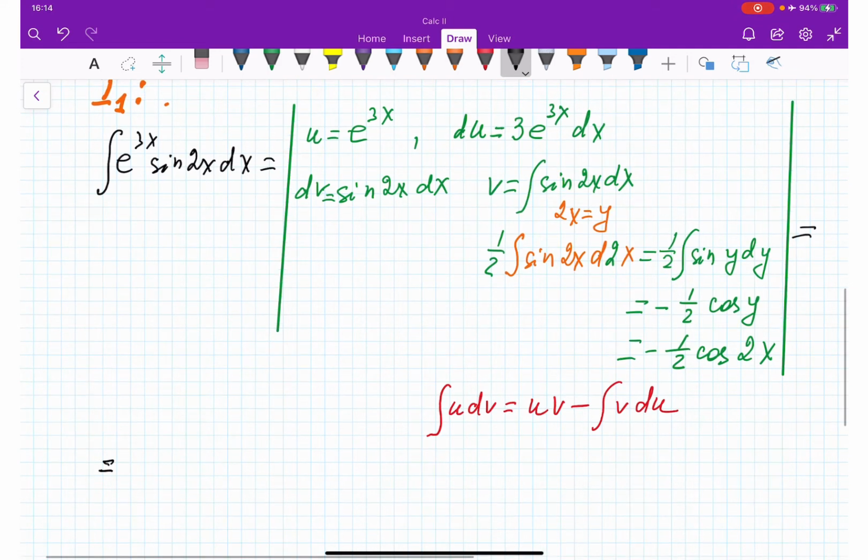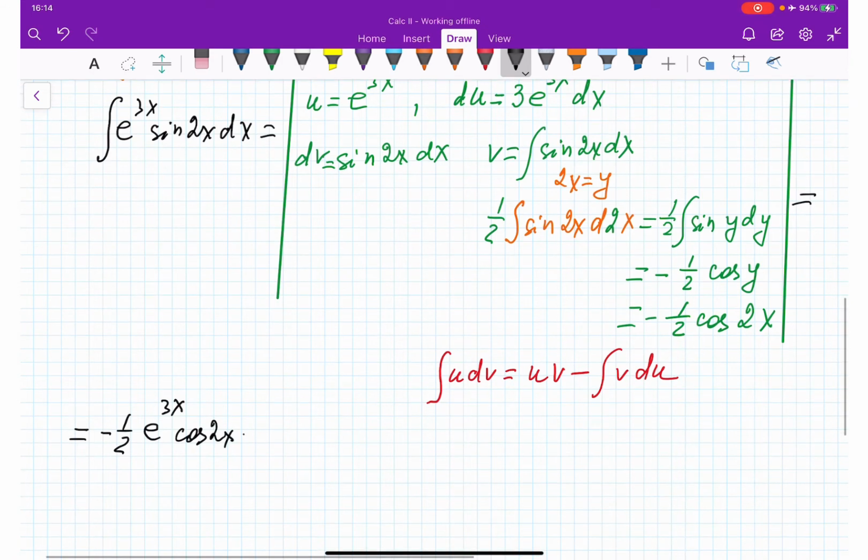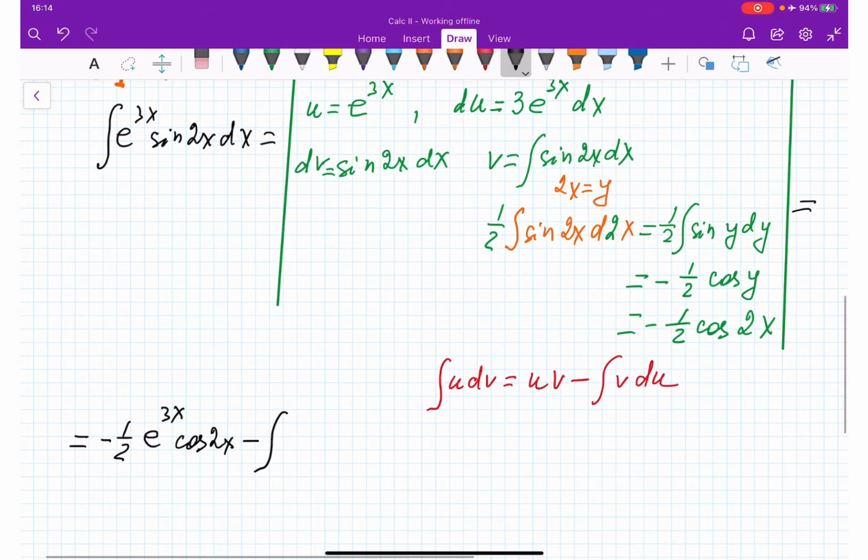My u is e to power 3x. My v is negative 1/2 cosine 2x, and then minus, we're going to have integral v.